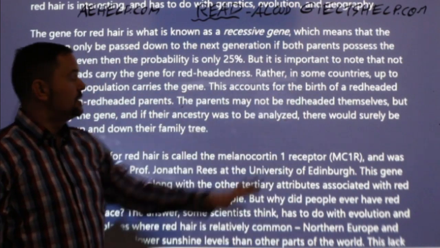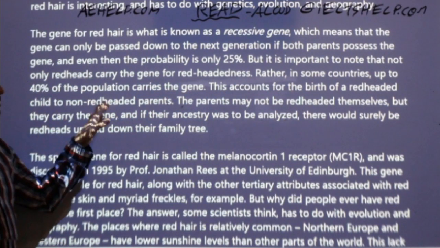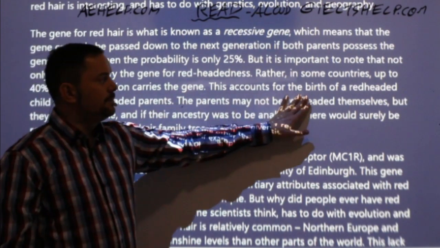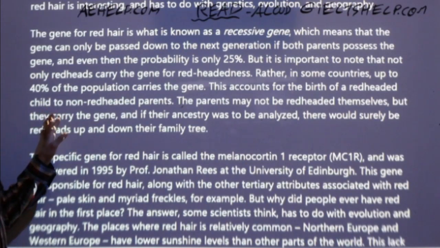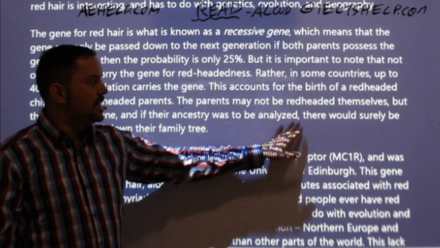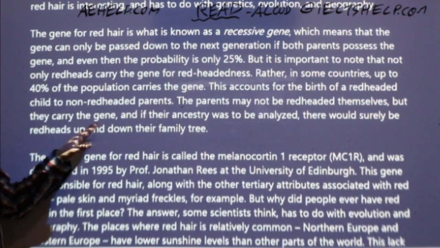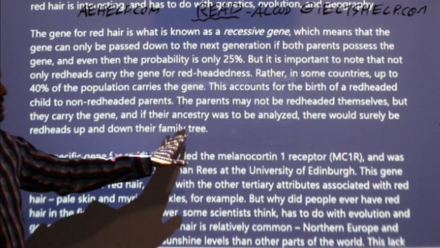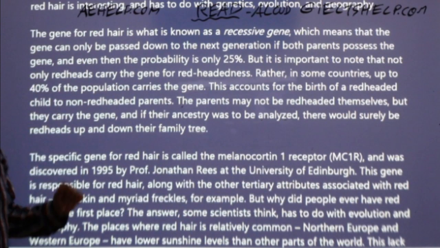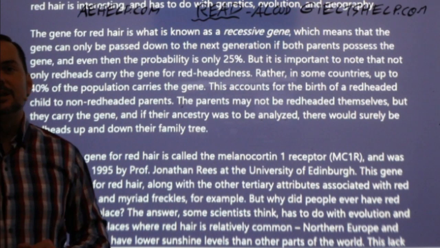Rather, in some countries, up to 40% of the population carries the gene. This accounts for the birth of a redhead child to non-redheaded parents. The parents may not be redheaded themselves, but they carry the gene, and if their ancestry was to be analyzed, there would surely be redheads up and down their family tree.